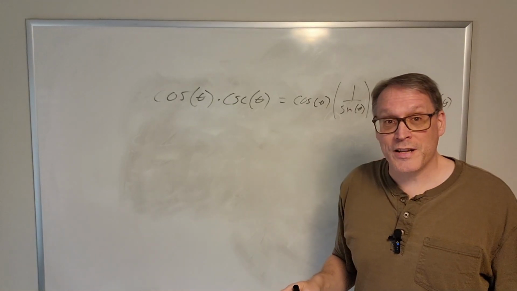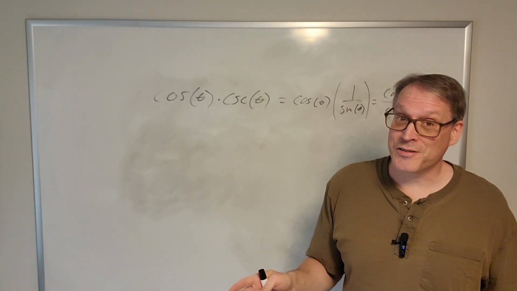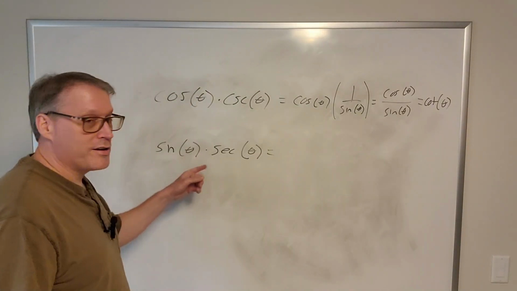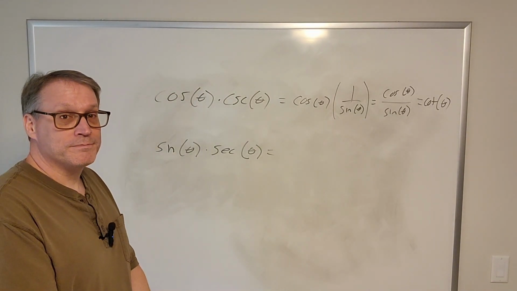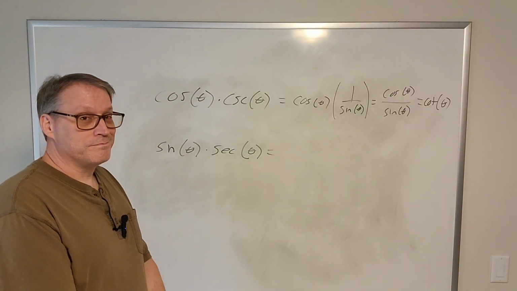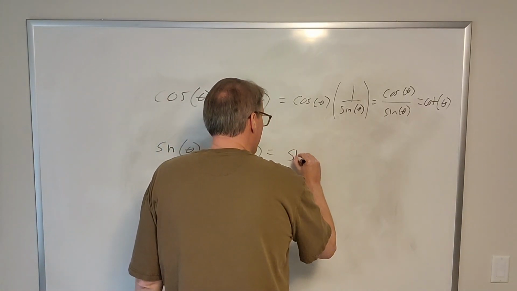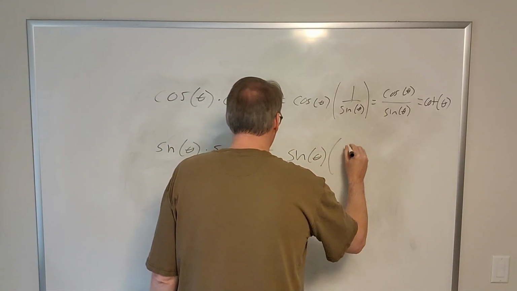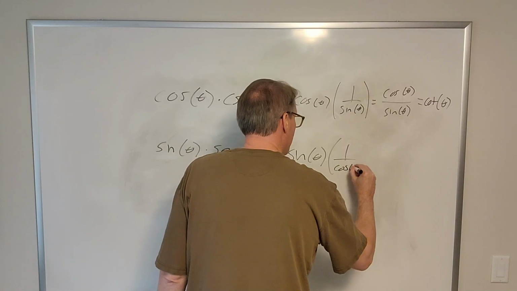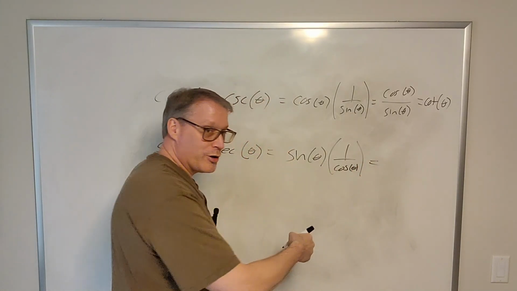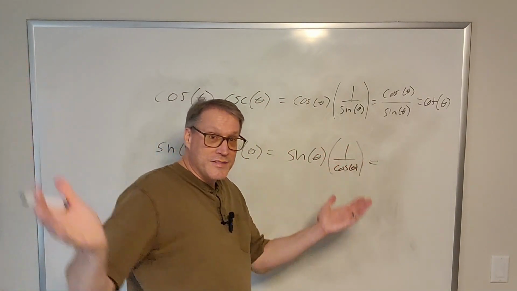Remember, sine over cosine is tangent. Cosine over sine is cotangent. Let's try another one. What's the sine of theta times the secant of theta? You probably see where this is going. This is sine of theta times 1 over cosine of theta, which is sine over cosine, which is tangent of theta.